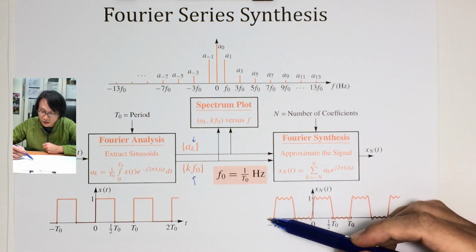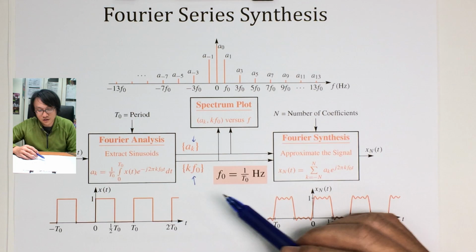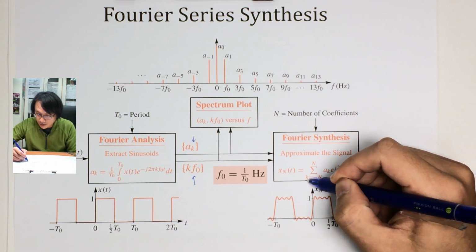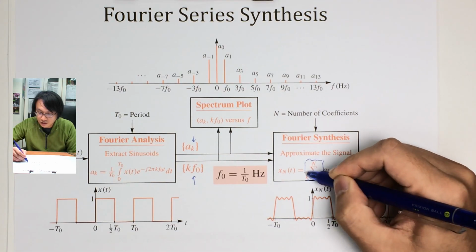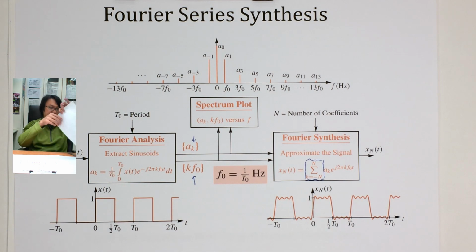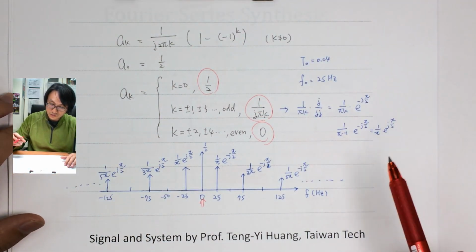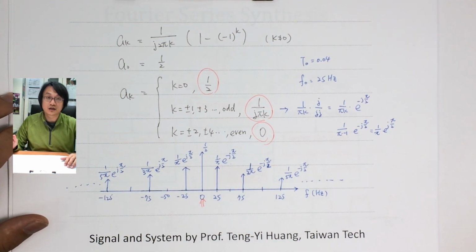And you might ask, Professor, why does this reconstruction look a little different? Because there's a difference in synthesis. We didn't use the whole infinite spectrum. What does that mean? We just saw this. For a square wave, its frequency content, we ask whether its bandwidth is finite or infinite.